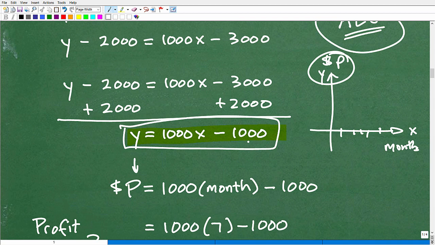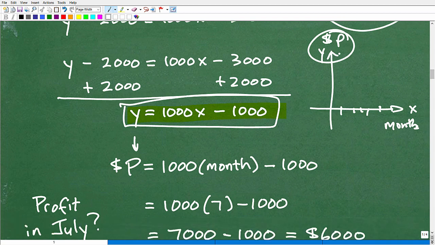But really that y is representing profit. So instead of putting a y there, I'm going to put p there. So my profit is equal to 1,000 times x, the number of months, or whatever month number that is. So I can put that there as month, what month you're at, minus 1,000.